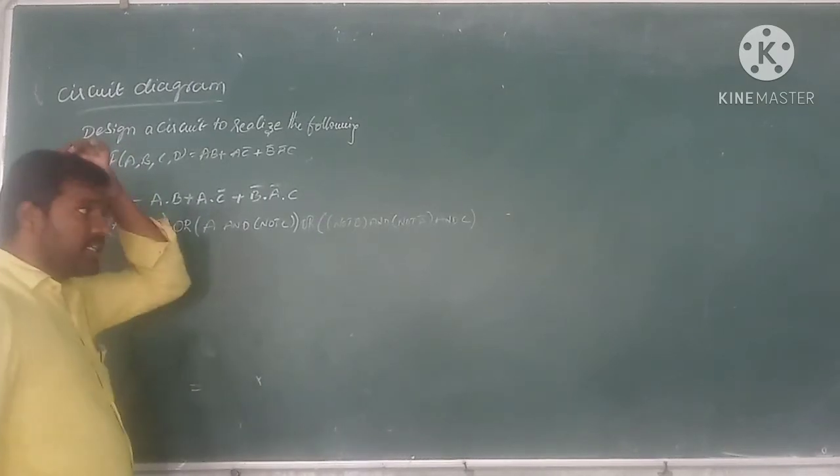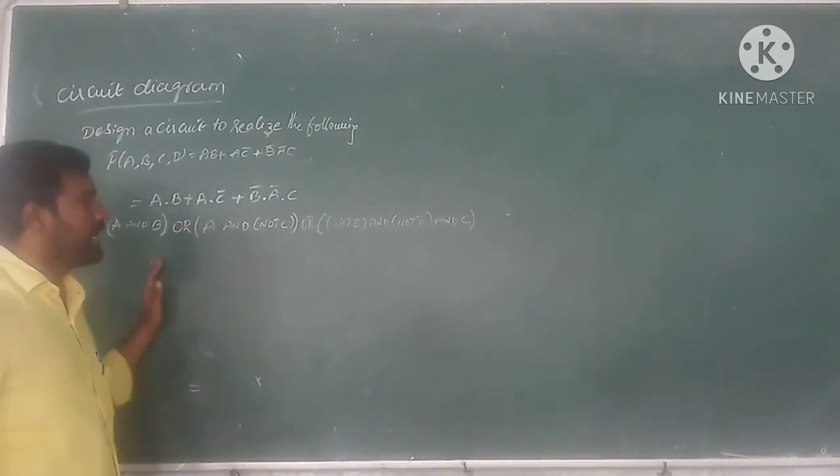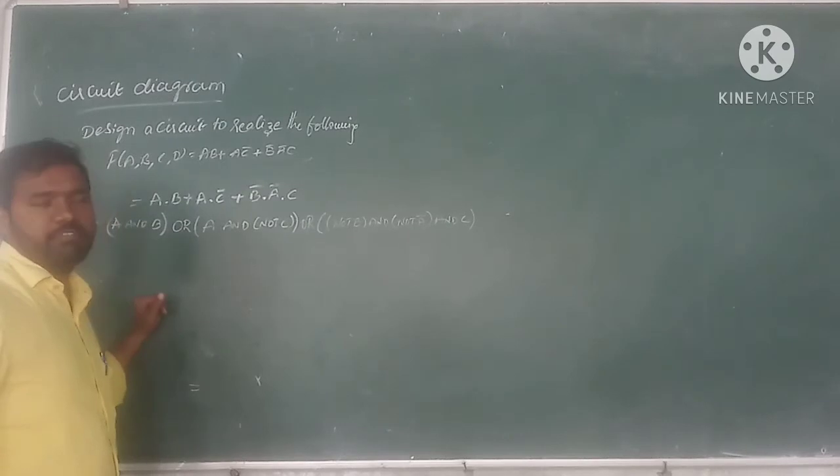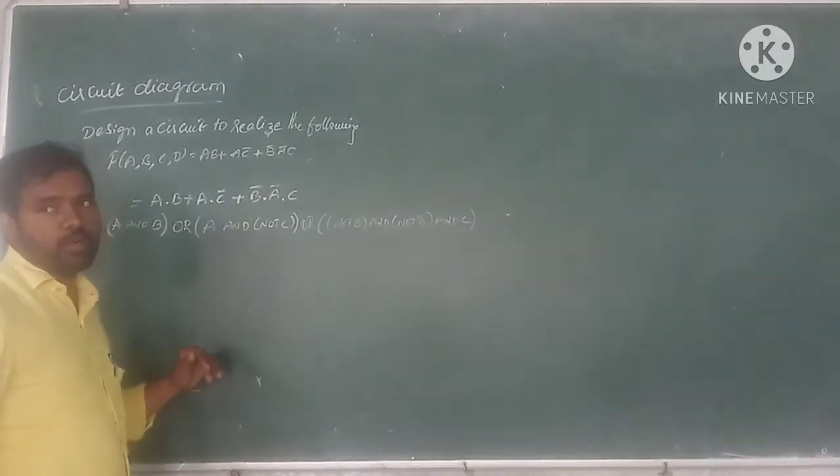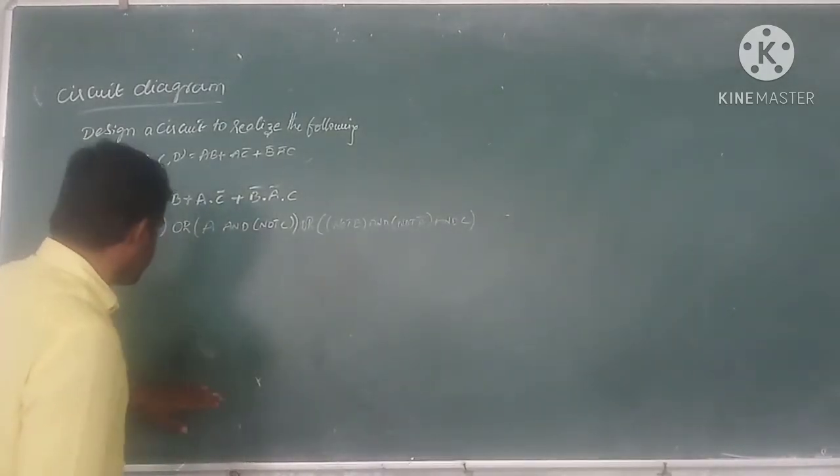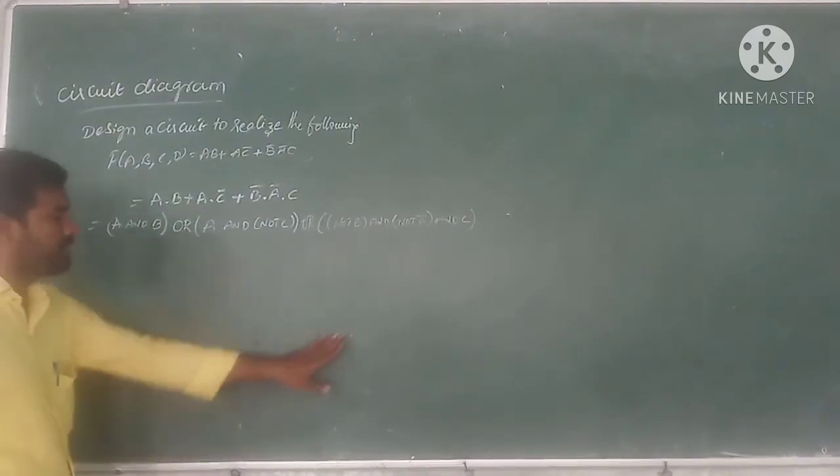This is what the real equation should look like when written. After writing this equation, we can easily draw it. Let us start drawing the logic circuit with respect to the equation.